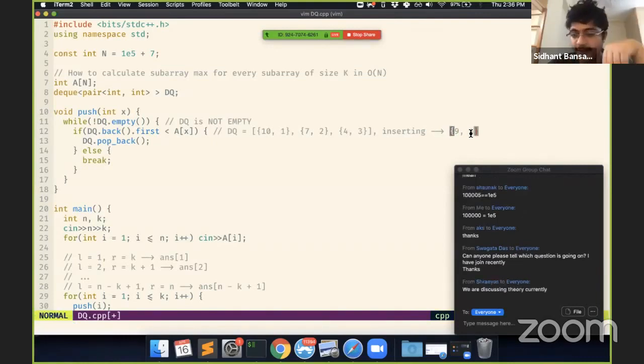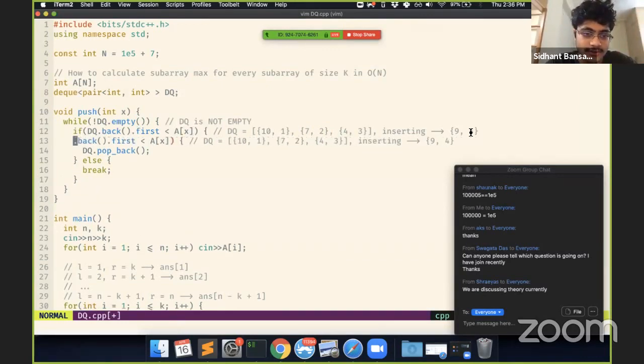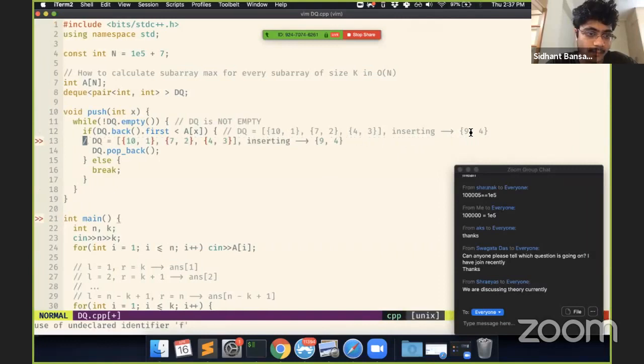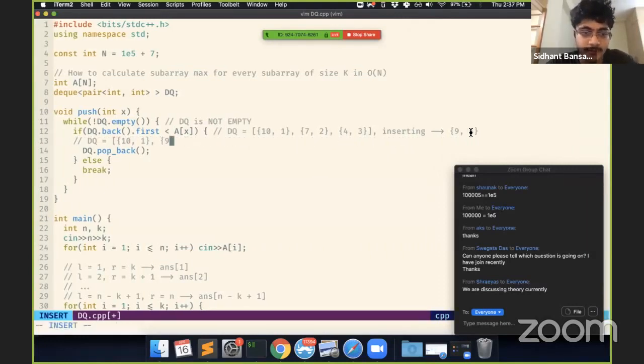Now when we are inserting 9,4, what will happen? We'll pop out 4,3 and we'll pop out 7,2, right? We want to pop out these two elements because we want to maintain the order. We want our new DQ to look like this, right? After the insertion step, we want it to look like this.